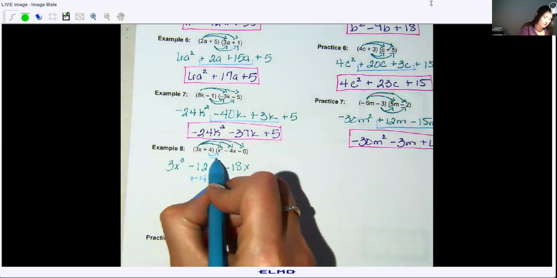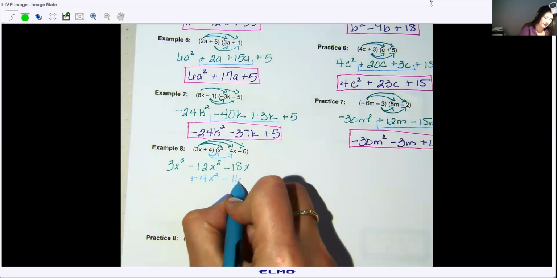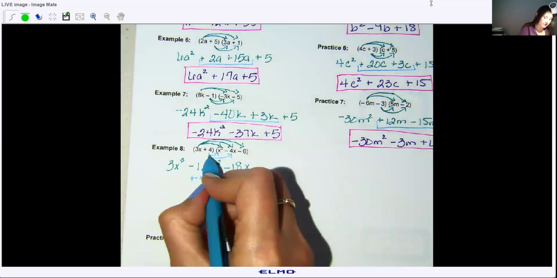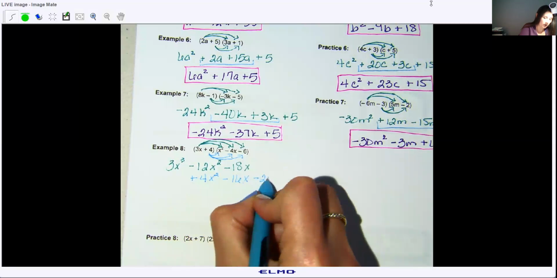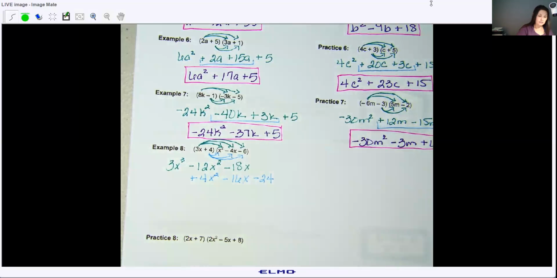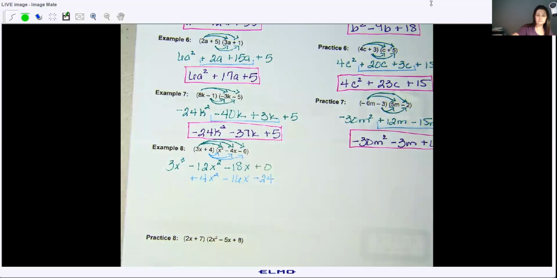And then 4 times a negative 4x gives me a negative 16x. And 4 times a negative 6 gives me a negative 24. And if I wanted to, I could put a plus 0 here.